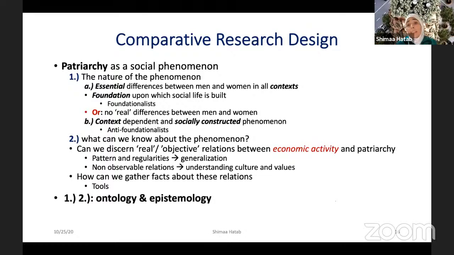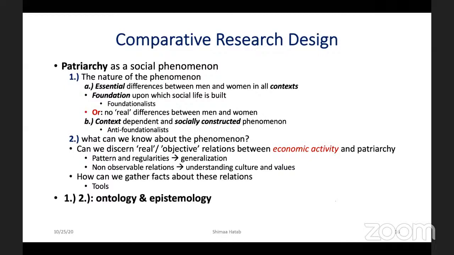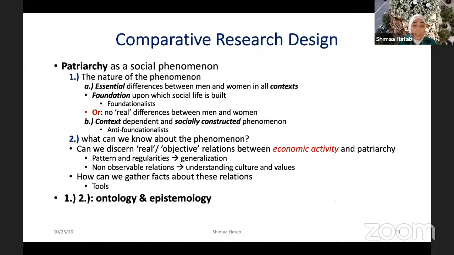So some of you might contest or tell me, what? No, we don't believe in this. It might be specific to a particular context or particular culture. You cannot paint industrial societies and agricultural societies with a broad brush.